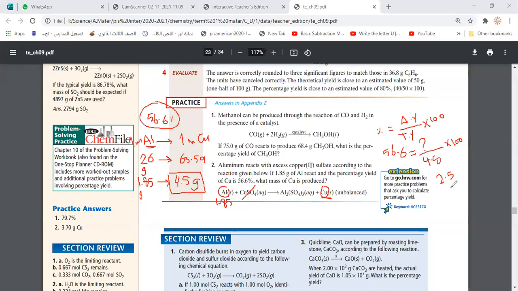That is the actual yield. So you're going to get just 2.5 grams of copper if you start the reaction with 1.85 gram of aluminum. Is it clear here, guys? Yes. So that's how we work on the problems of the percentage yield.